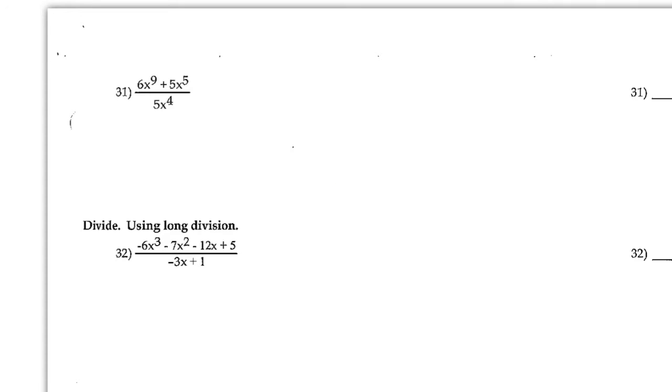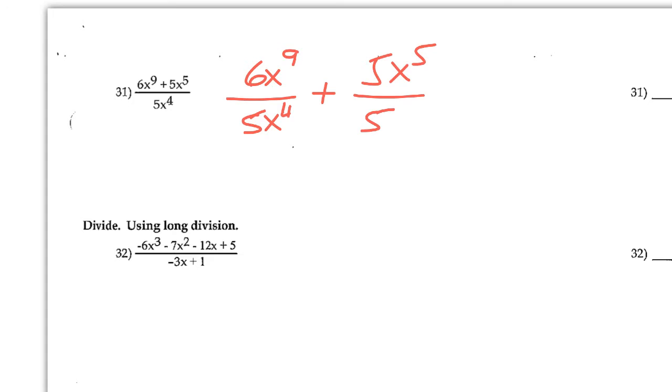All right, let's go through the same thing here as we did on the previous two, where we split this into two separate fractions, 6x to the 9th over 5x to the 4th, plus 5x to the 5th over 5x to the 4th. And let's reduce those independently. 6/5 doesn't really reduce, so let's just call it 6/5.